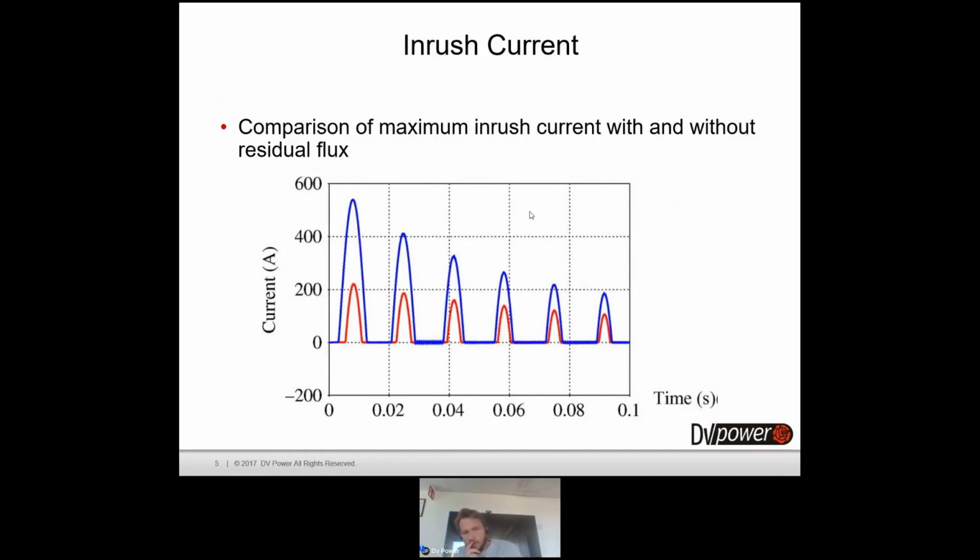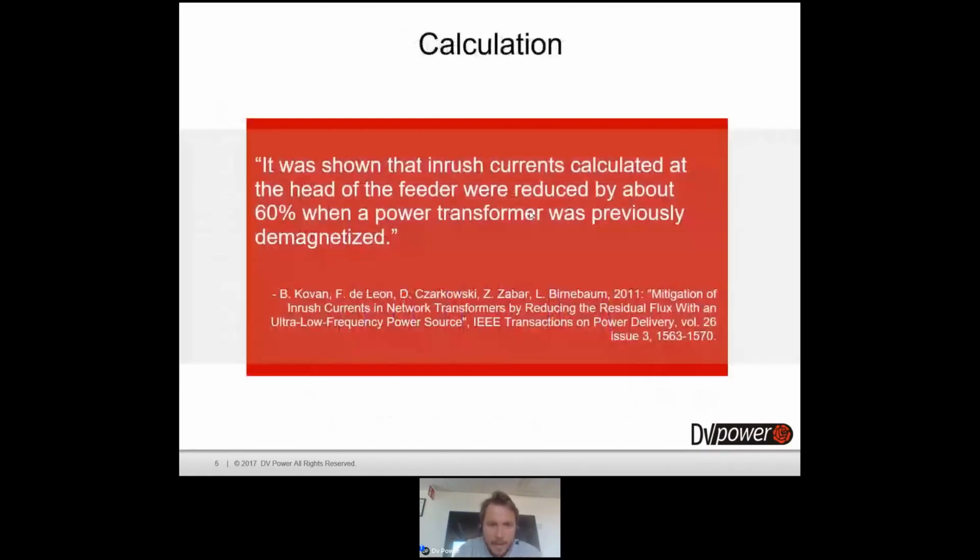In those conclusions, we found that inrush current, when you start up your transformer, can be decreased by even 60% when the transformer is demagnetized. This is the reference where you can find those details. It was an IEEE working group.